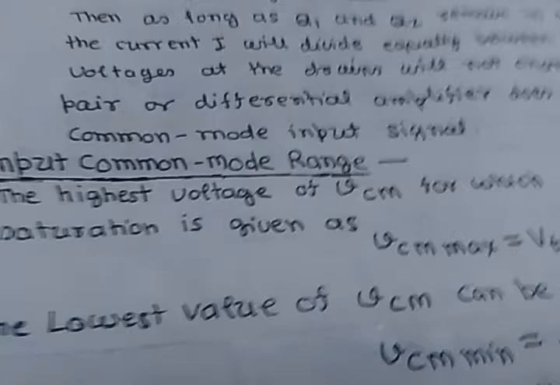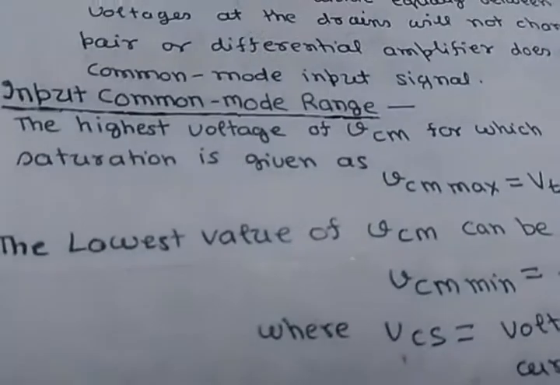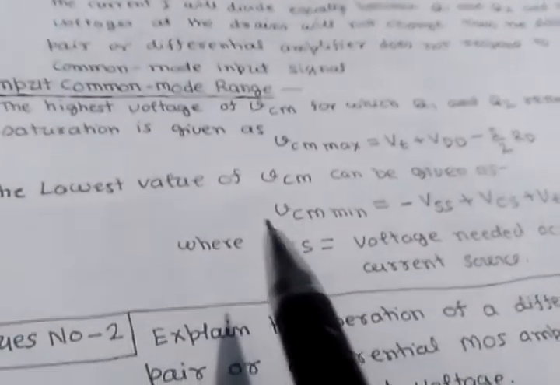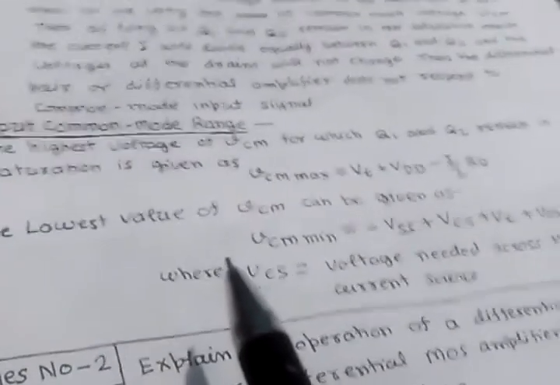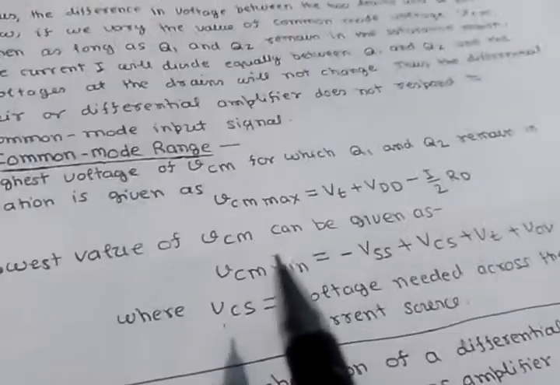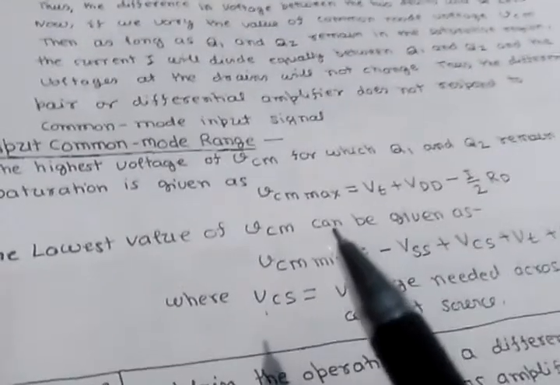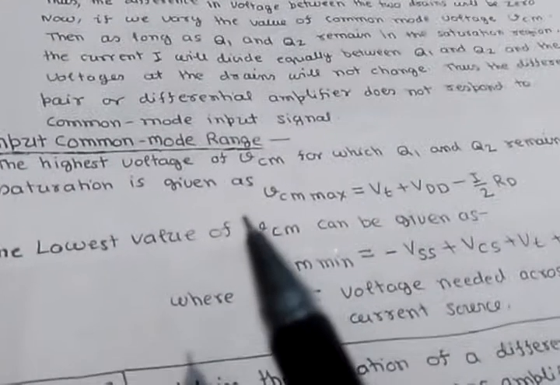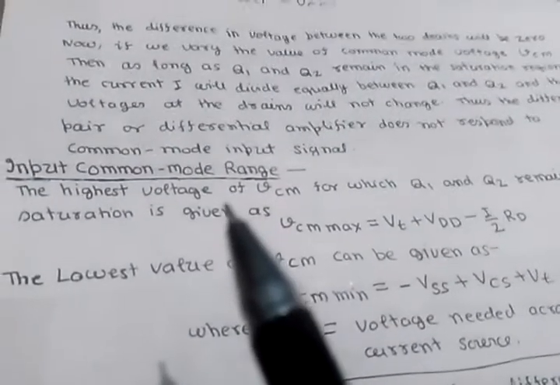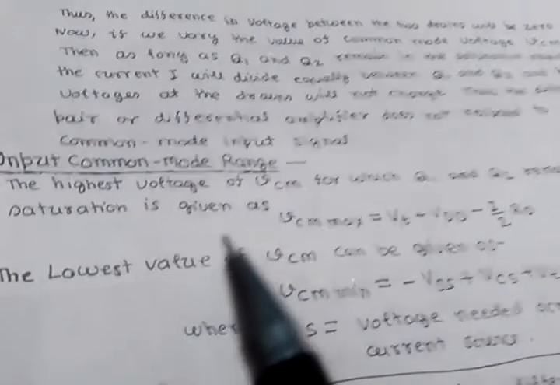Now we will discuss about the input common mode range. It means the range of common mode input signal for which the MOS differential pair will work in saturation region, means transistors Q1 and Q2 will work in saturation region. As long as Q1 and Q2 are in saturation region, the drain currents will be same.